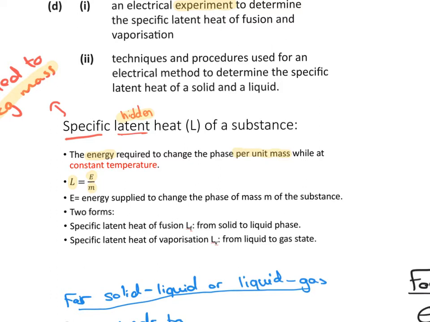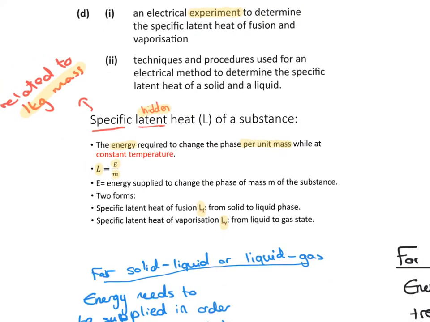And there are two forms, like I said: the specific latent heat of fusion, which is L with a subscript F to stand for fusion. I'll discuss it in more detail later. And then the specific latent heat of vaporization, which is represented with a subscript lower V. So it's from liquid to gas state. That's the difference between them.